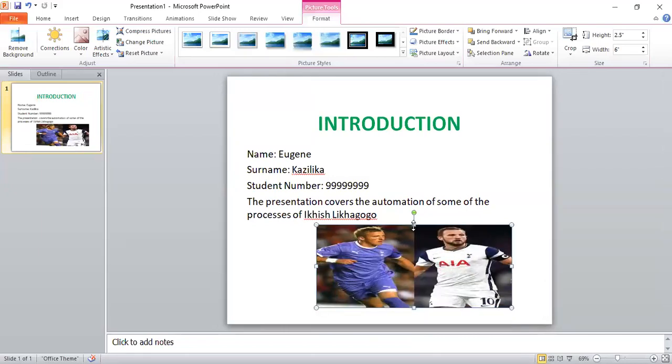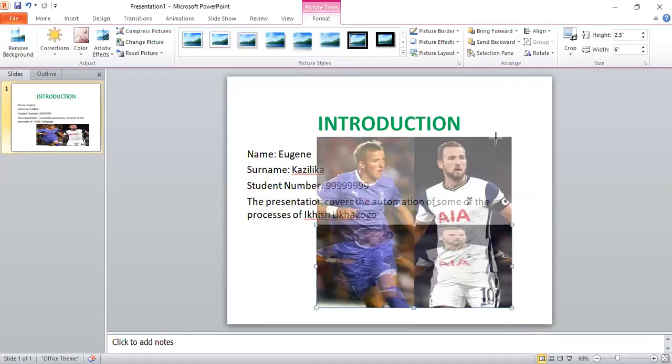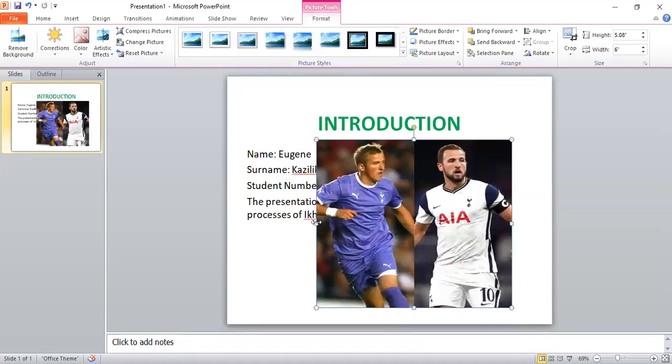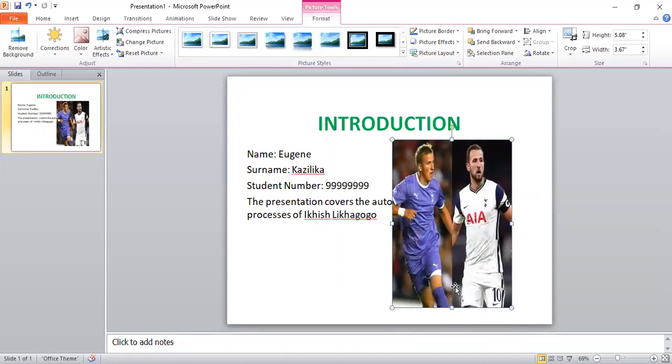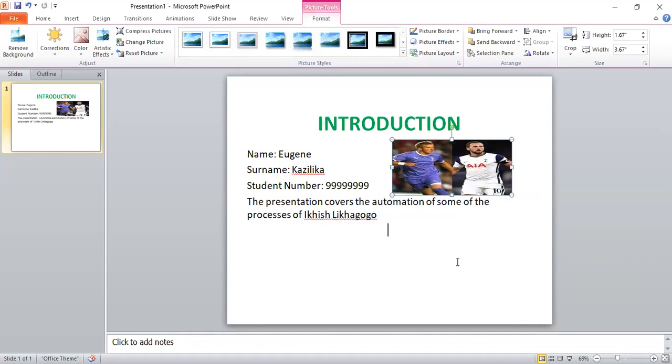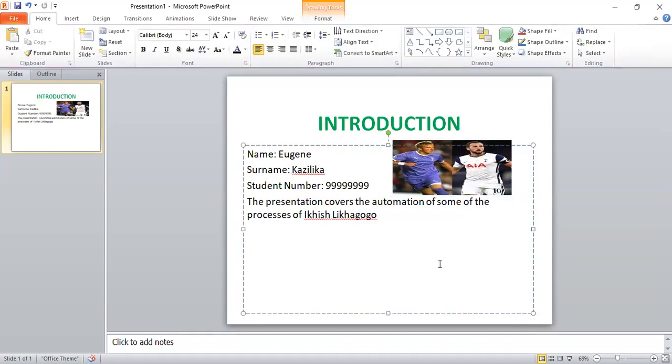So you can put it wherever you want. You can move it and put it at the bottom. It's all up to you. You just position it where you want, whatever picture that you have.